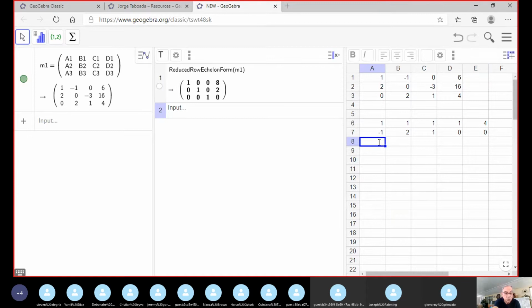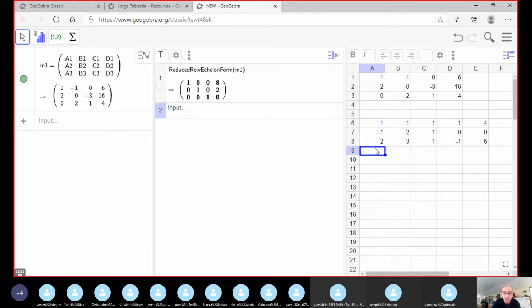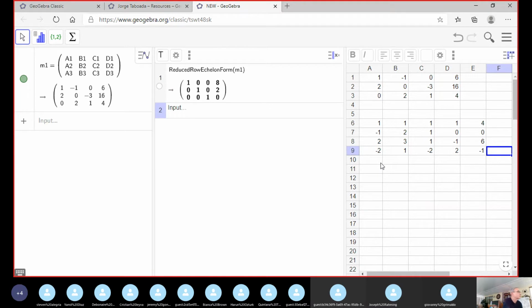My third equation, 2, tab, 3, tab, 1, tab, -1, tab, 6. And my last equation, because we have 4, -2, 1, -2 again, +2, and -1. Okay, this is my system.